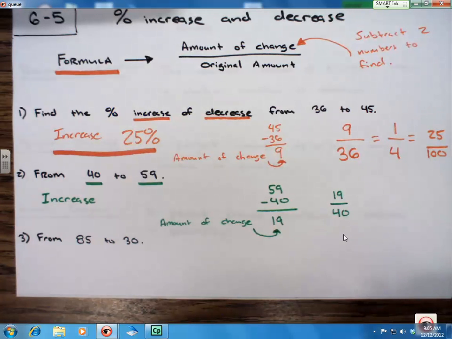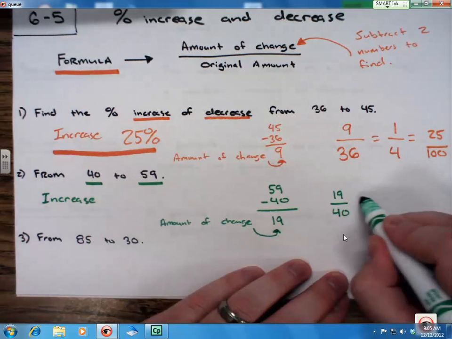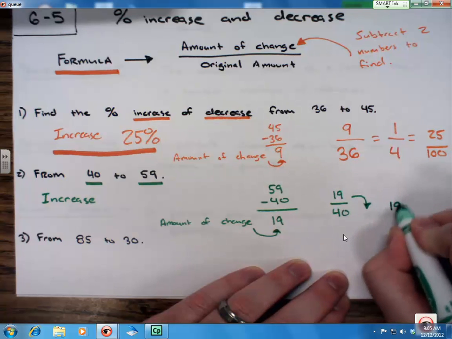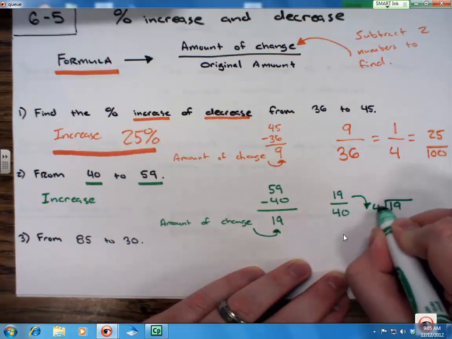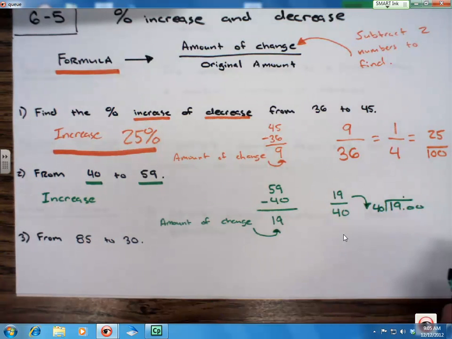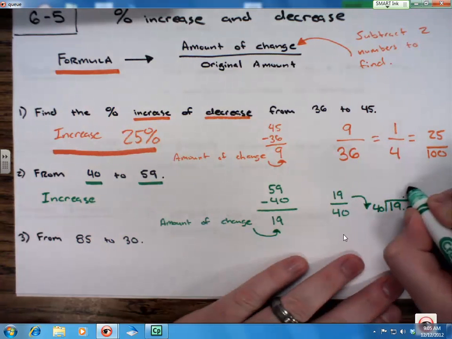Which I don't think I can simplify because 19 is a prime number. So since I can't simplify that, I need to divide up to get that to a decimal. And 19 divided by 40 gives me 0.475.